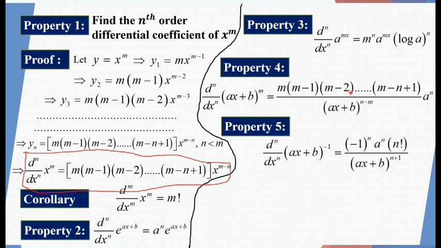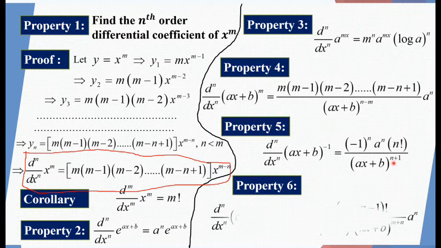So taking minus 1 from each element, then it will be minus 1 power n, and from here 1, 2, 3, 4, 5 up to n. So it will be n factorial. This a raised to power n as it is, and m equals to minus 1, so n minus m plus 1 becomes n plus 1. So it is ax plus b power n plus 1.